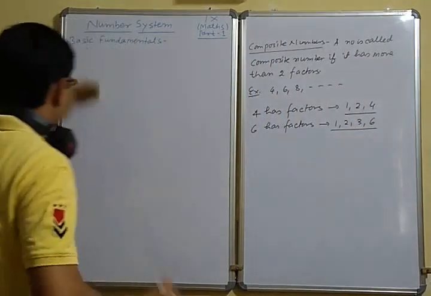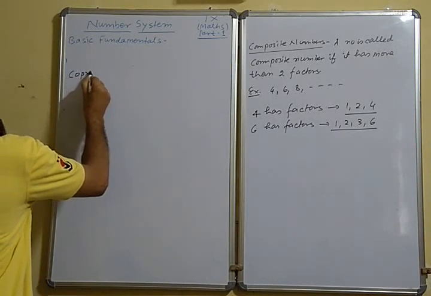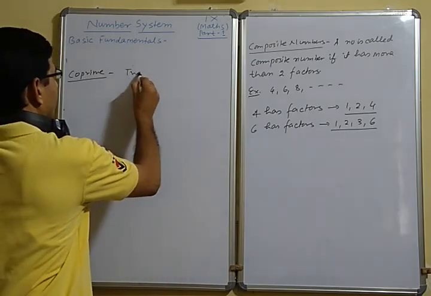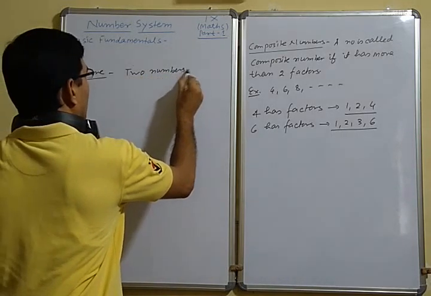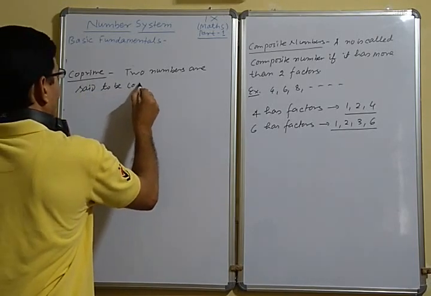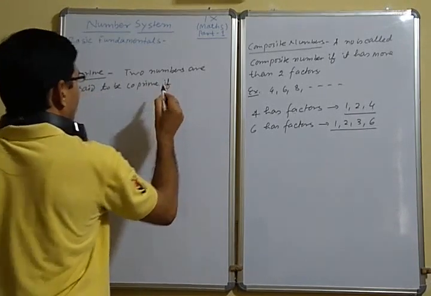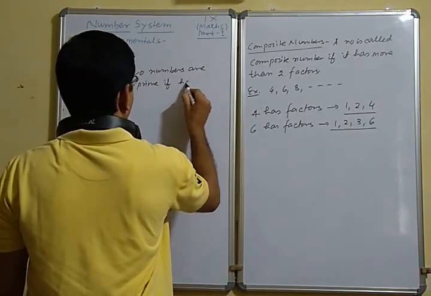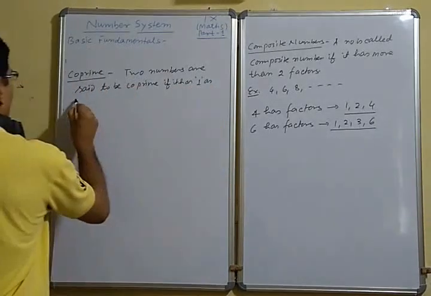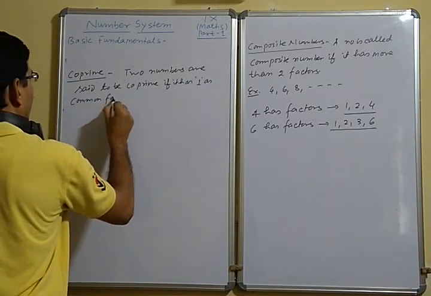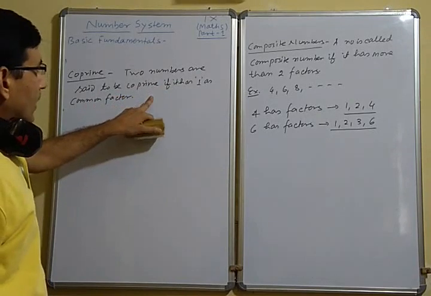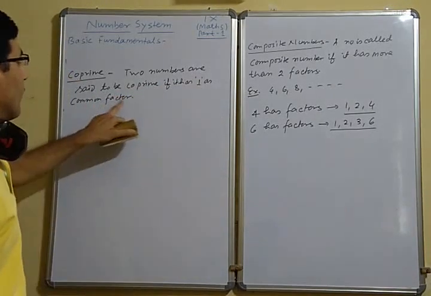Next number is co-prime. Two numbers are said to be co-prime if they have one as the only common factor.